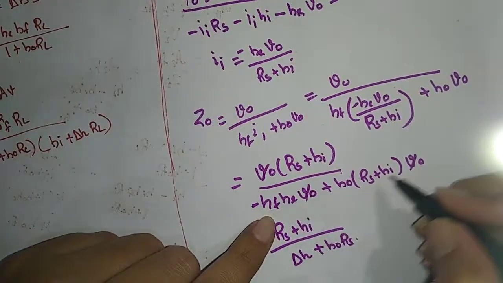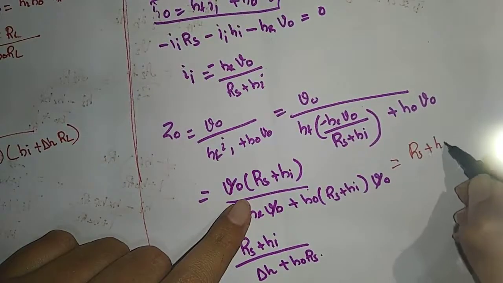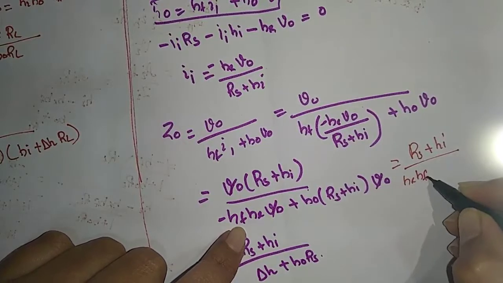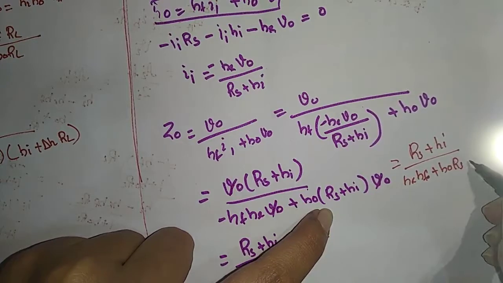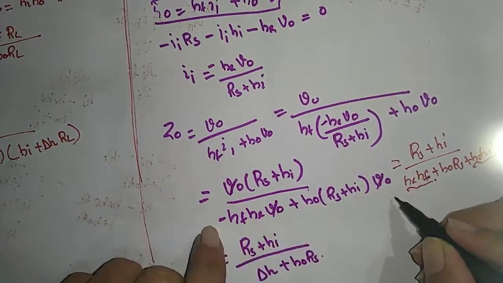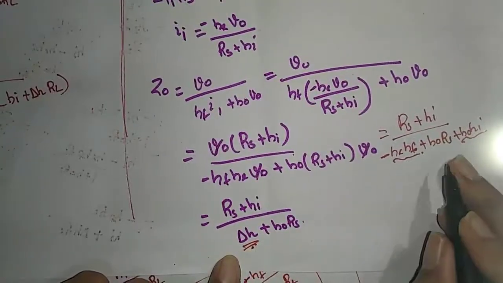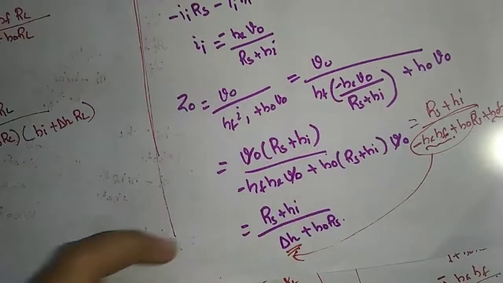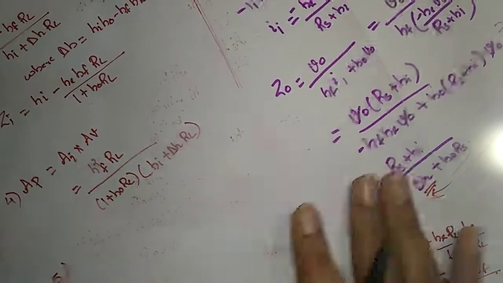See, look, this equation I can write as RS plus HI divided by HRHF plus H0 RS plus H0 HI. Here H0 HI minus HRHF is delta H. This term I can replace with delta H. So I got my next equation, that is my fifth equation.